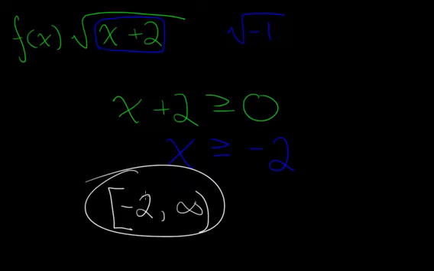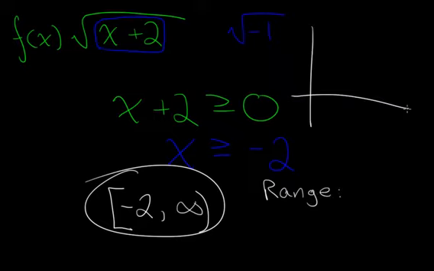And now the range. If you visualize it on a graph, this is the graph of square root of x, and then x plus 2, the new graph, is for x greater than or equal to -2.